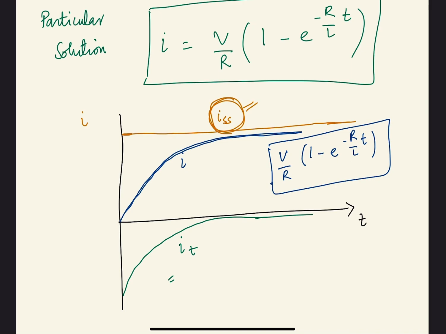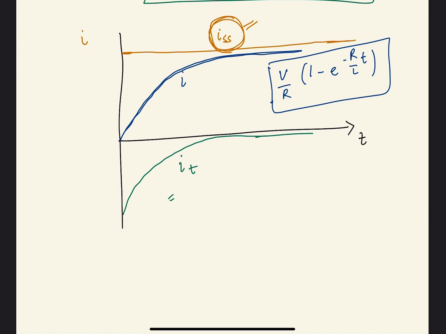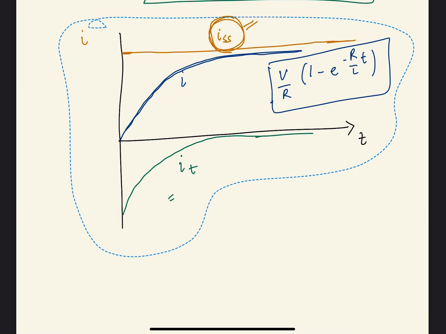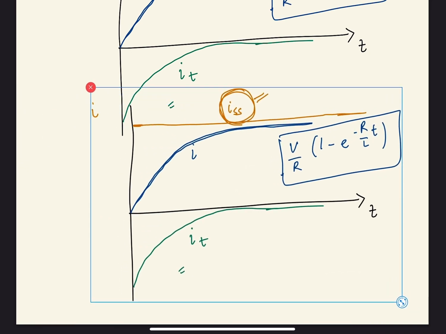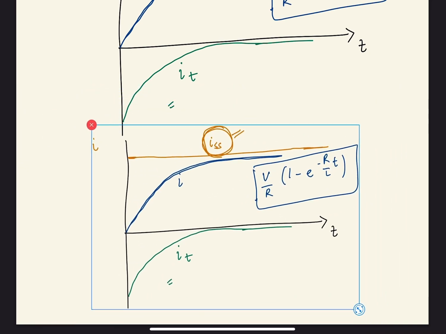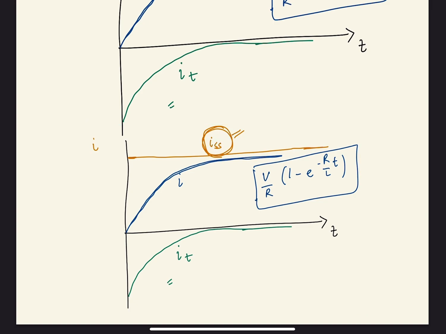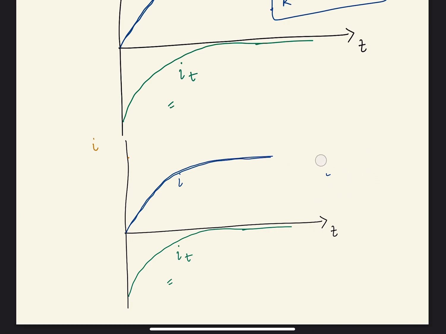If I make a copy of this graph and paste it over here and remove the extra terms, what does it tell me?